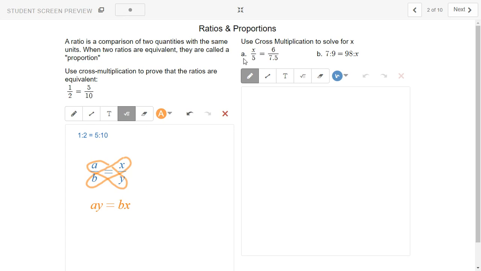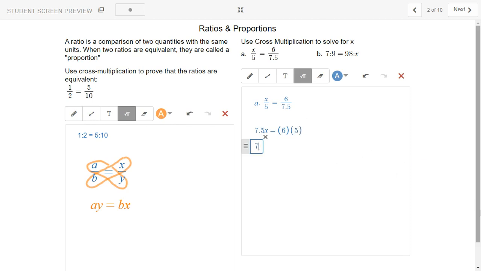Part A, I have x over 5 is equal to 6 over 7.5. Now, because this is a ratio, I can write it like this and then cross multiply. So when I cross multiply, I have 7.5x is equal to 6 times 5.